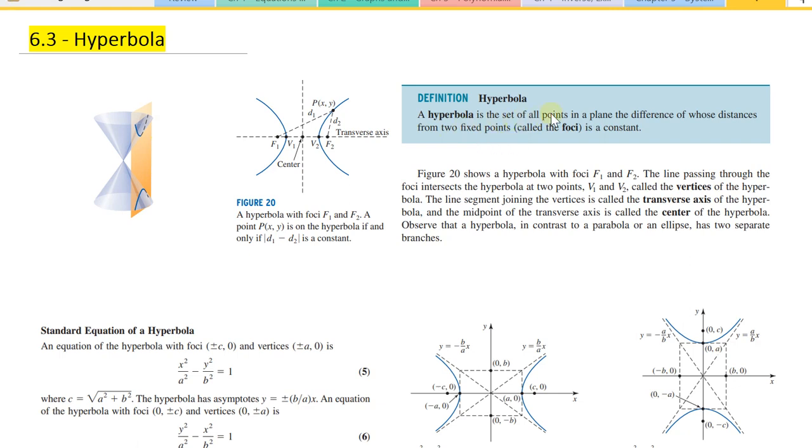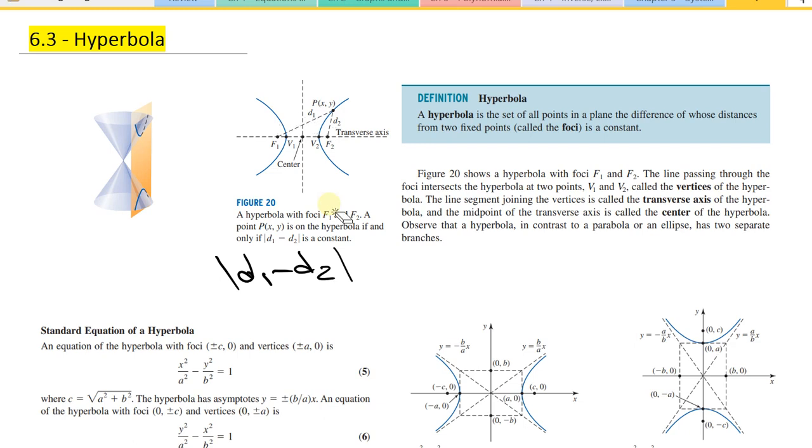Now, the definition of a hyperbola, I have it here. A hyperbola is the locus of all points in a plane, the difference of whose distances from two fixed points called foci is constant. The difference of distances. So for example, if you look at d1 minus d2, look at the absolute value, because one could be, for instance, this could be d1, that could be d2.